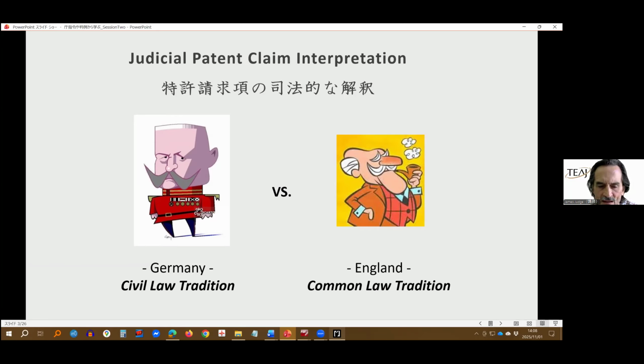And whereas the German system is based on what's called civil law, the British system is based on common law. And the key difference is that civil law is more focused on the laws per se, the laws themselves, the laws that have been passed by the legislative bodies, whereas common law systems are based both on the laws themselves, but in addition, the laws themselves are created by legislative bodies.